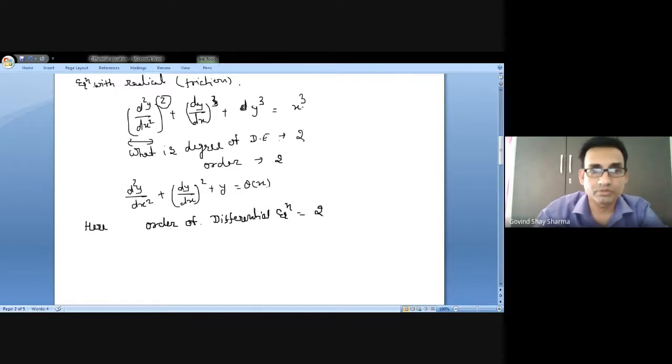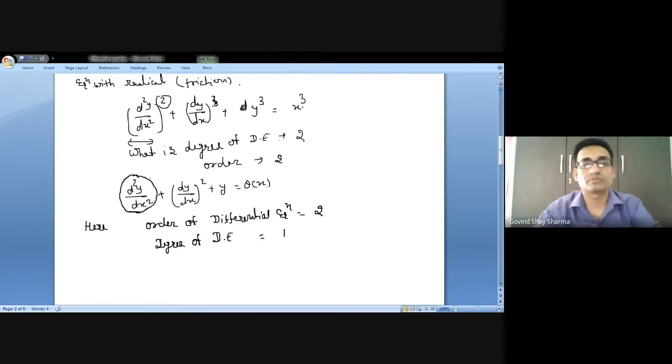Why? Because the highest derivative that exists in this equation is here. Now the degree of the differential equation is 1 because the highest derivative power, the degree, is equal to 1. Okay.